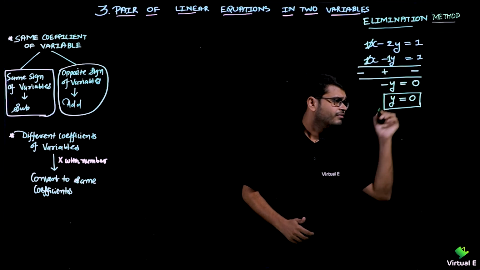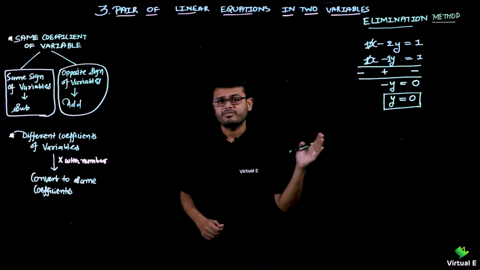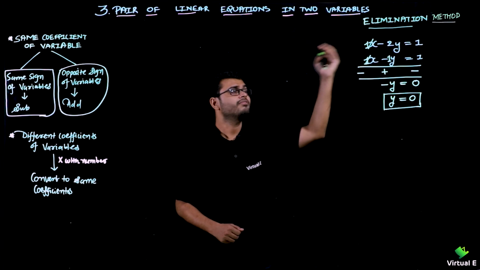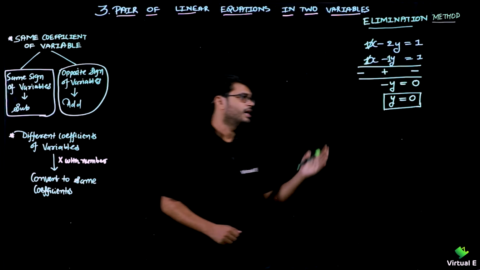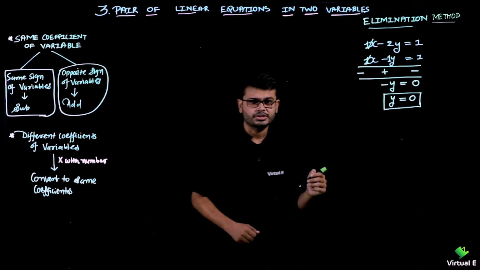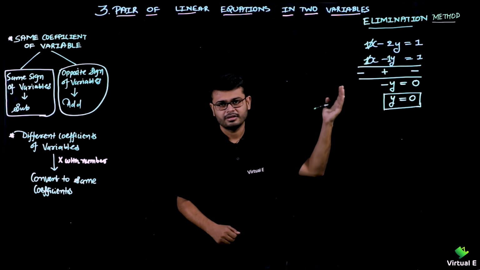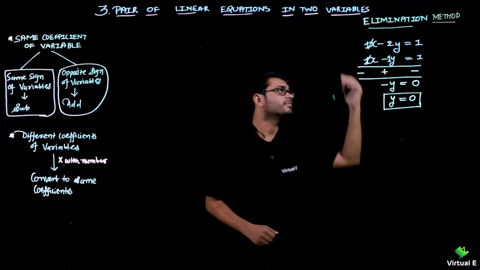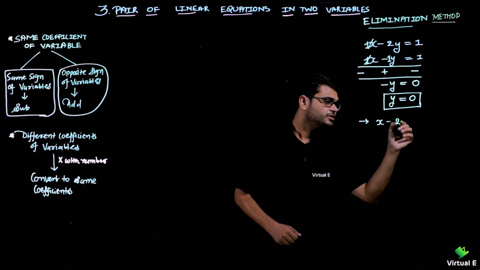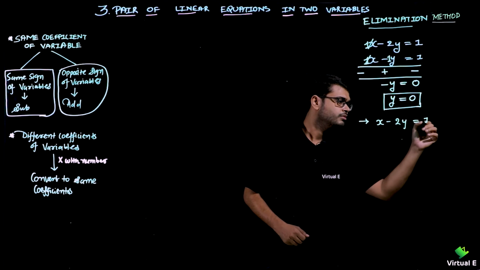So this is my first solution of the equation, y is equal to 0. I do want to get the value of x. So what will I do? I will substitute the value of y in one of the equations. You can choose any one of them, all fine. I am choosing the first one, let's say. So the equation is x minus 2y is equal to 1.